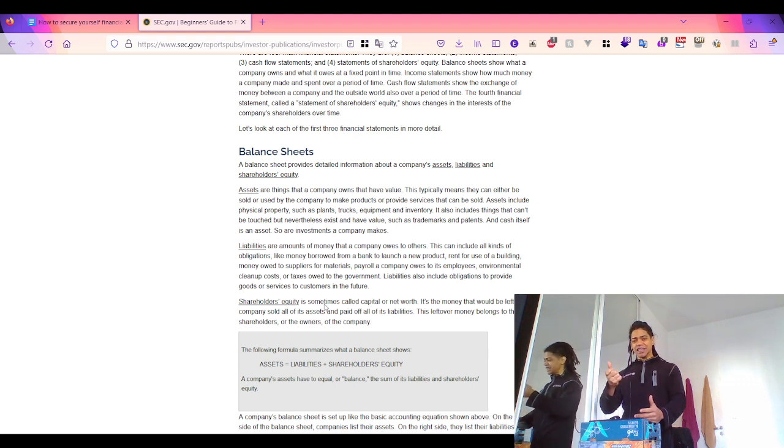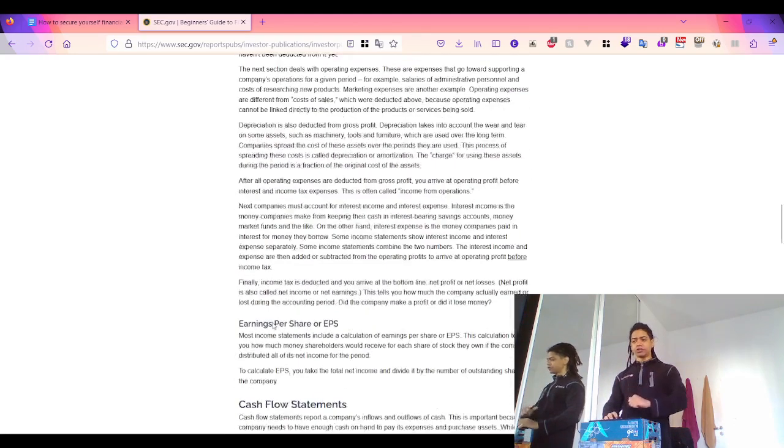The cash flow statement shows the exchange of money between the company and the outside world, as well as the statement of shareholders' equity that shows the change in interest of the shareholders. All of these financial statements are based on a period of time. So you have quarterly, annually, you name it.